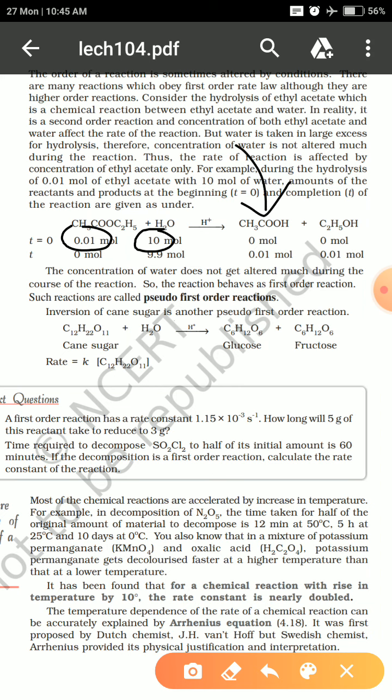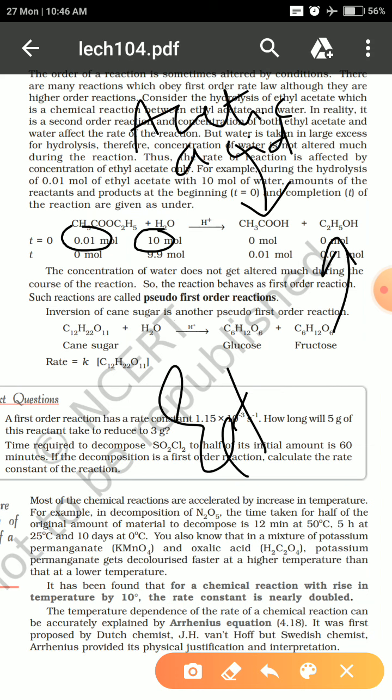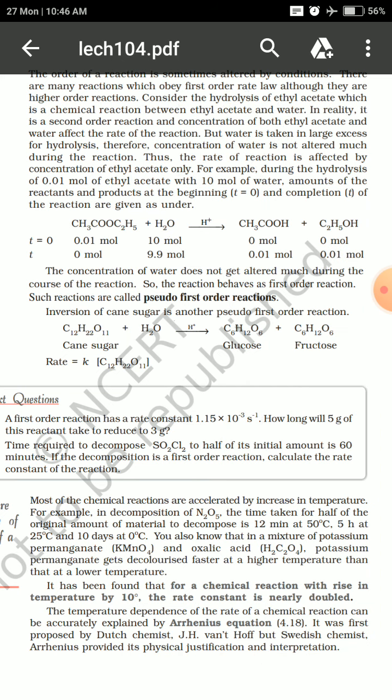You will get the products acetic acid, CH3COOH, and ethanol, C2H5OH. But we don't need to consider the products, because when we consider the order of a reaction, we only consider the reactants' concentration.